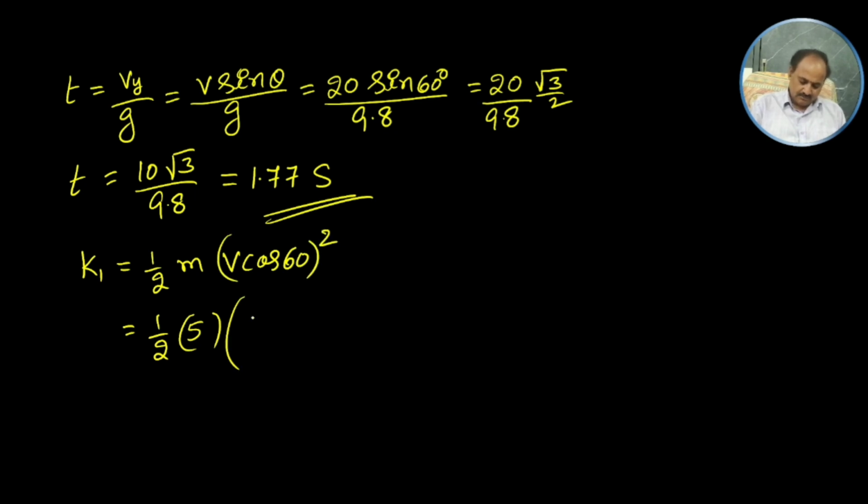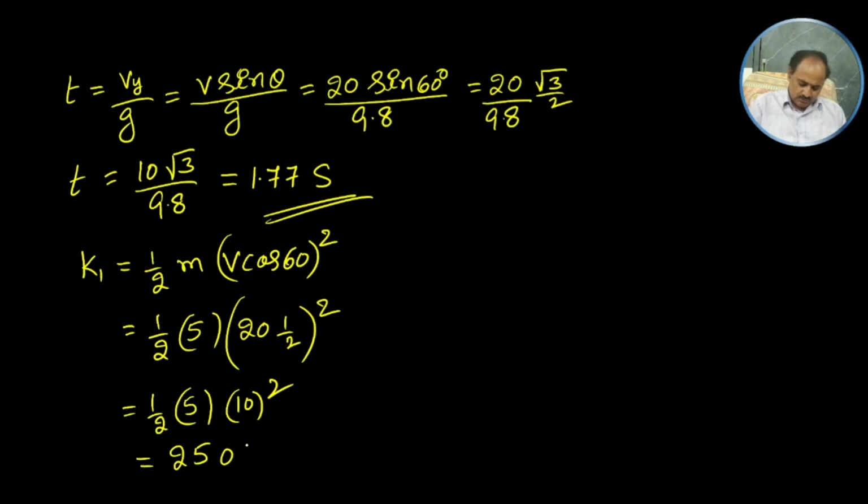Here V is 20, cos 60 is 1 by 2, so it is half into 5 into 10 square, 10 square is 100, 500 by 2 equals 250 joules. That is the initial kinetic energy.